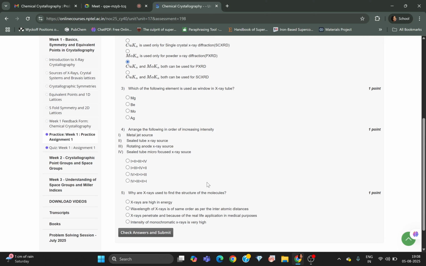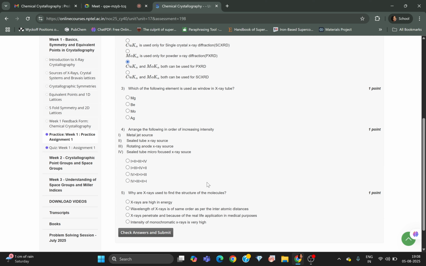Now the fourth question is: arrange the following in order of increasing intensity: metal jet source, sealed tube X-ray source, rotating anode X-ray source, sealed tube micro-focused X-ray source. The first one is metal jet X-ray source. Metal jet source is very efficient because a direct metal vapor jet acts as a target.